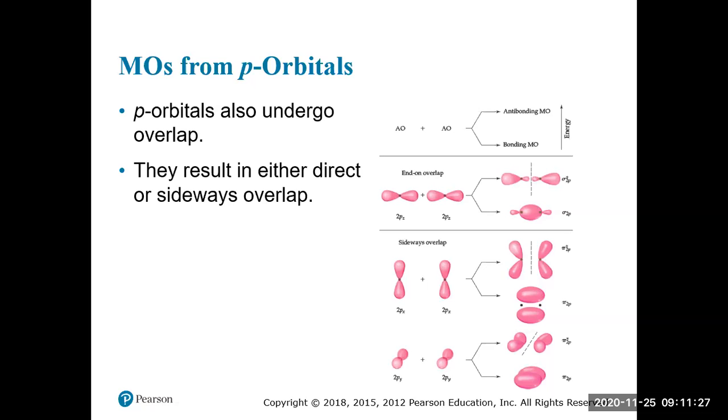That spatial orientation is why we have the different types of overlap. So if we had 2 atoms with p atomic orbitals, we would have a bonding molecular orbital and an anti-bonding molecular orbital.